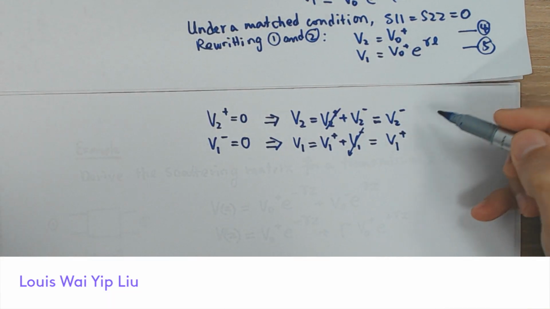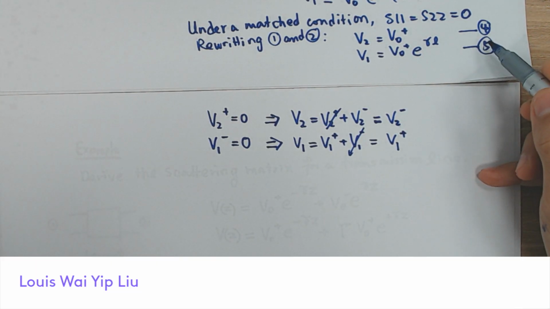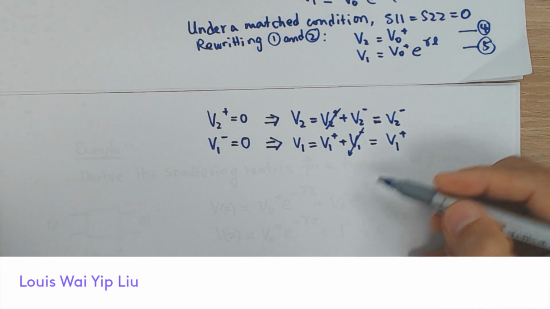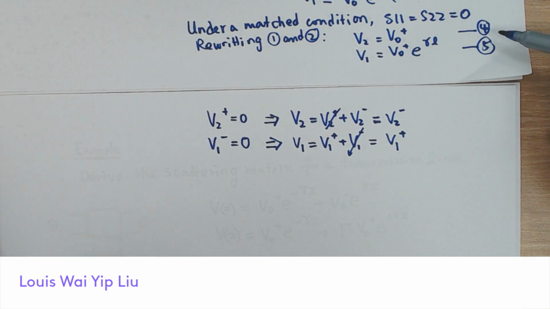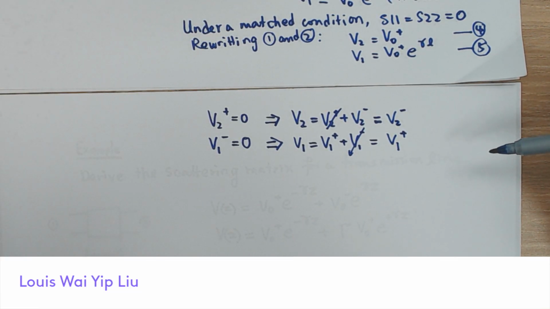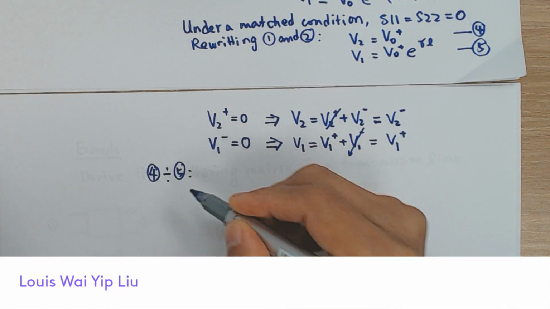so now we are going to substitute this condition back to equations 4 and 5. Let's see what happened. In equations 4 and 5, if we divide equation 4 by equation 5, so equation 4 divided by equation 5, and let's see what happened.